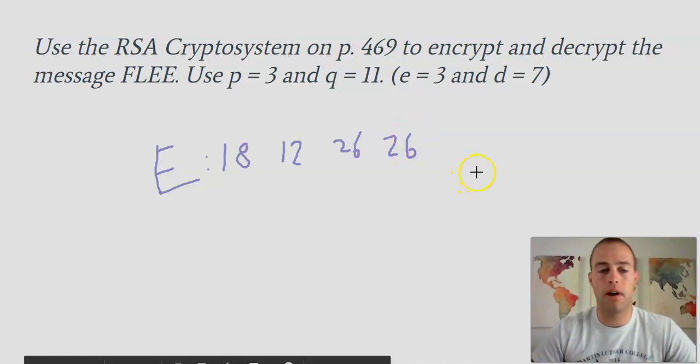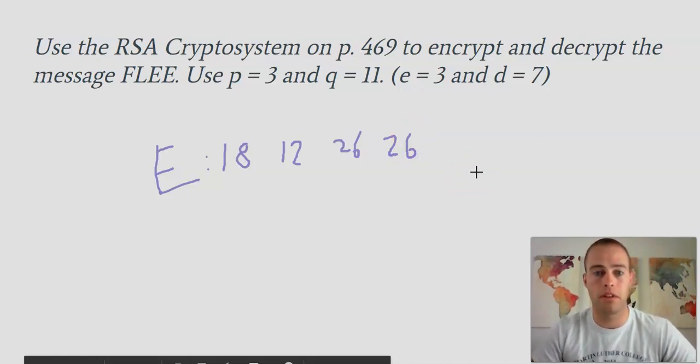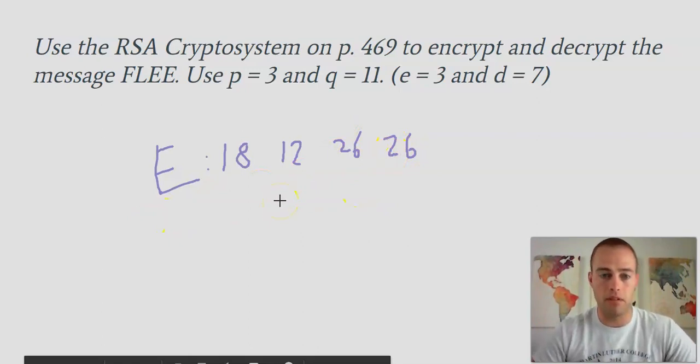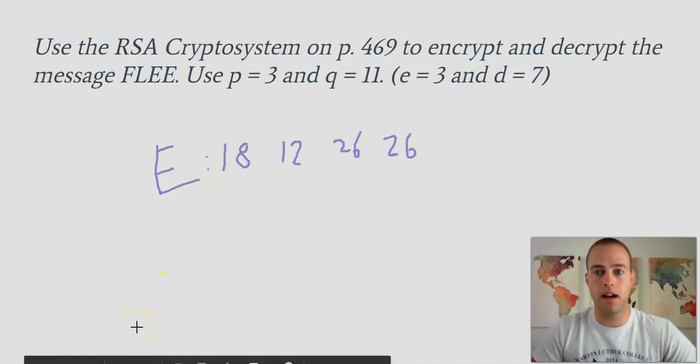Obviously this is more powerful than the symmetric key crypto systems we worked with in our crypto venture, because you can't simply shift these to get to flee. Yes, you might know that these 2 letters are the same, and in a very simple message like this that might help you, but in the long run, this is a much more powerful crypto system than what we were working with earlier. All right, now we want to decrypt it to practice the opposite operation, so to speak.